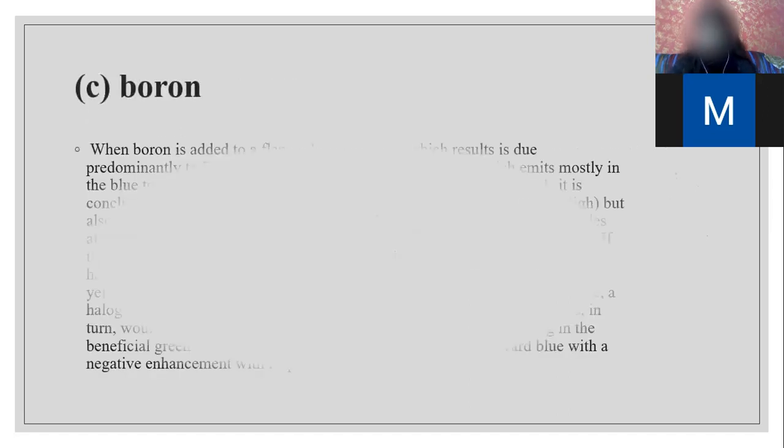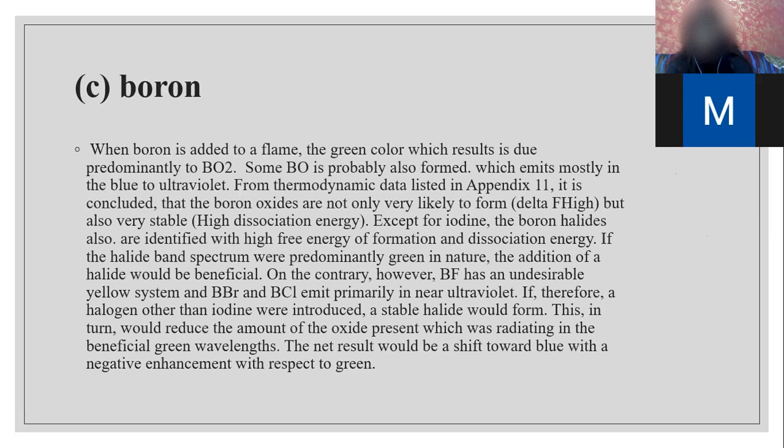Now boron. When boron is added to a flame, the green color which results is due predominantly to boron oxide. Some boron oxide is probably also formed, which emits mostly in the blue to ultraviolet.